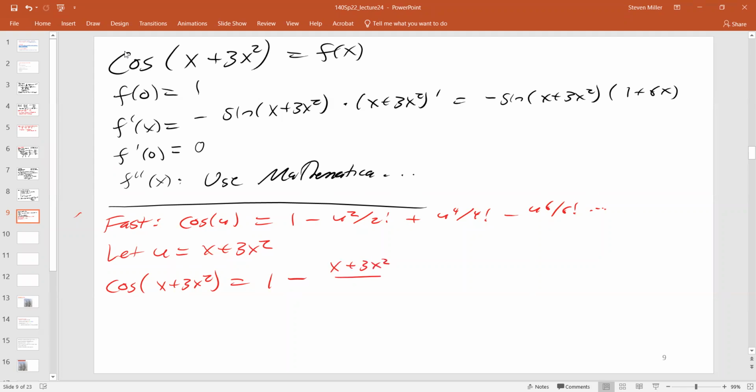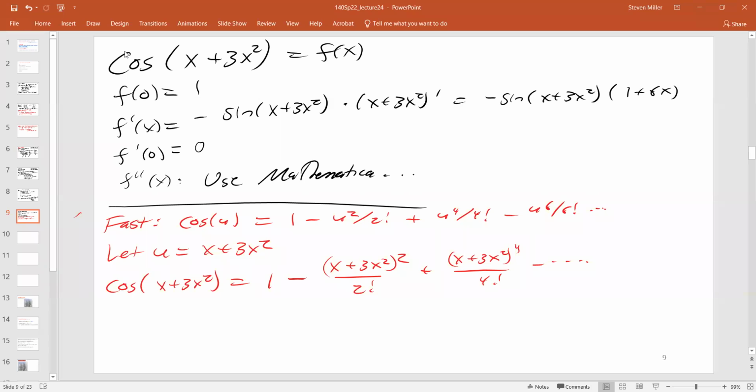So now we get the cosine of x plus 3x squared is 1 minus x plus 3x squared over 2 factorial plus x plus 3x squared to the fourth over 4 factorial, and so on and so on. What can you tell me about x plus 3x squared, squared? Will I have any constant terms? Will I have any linear terms?